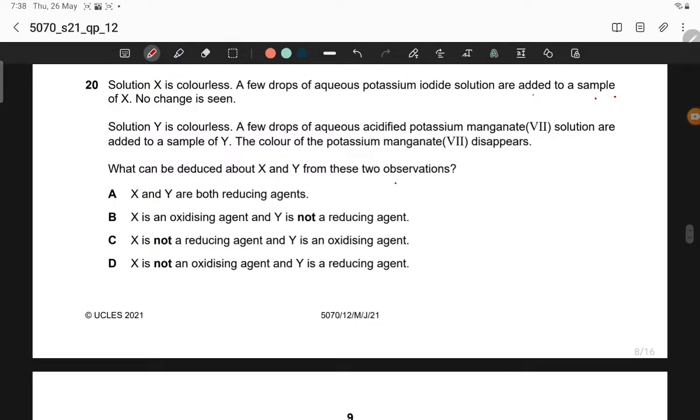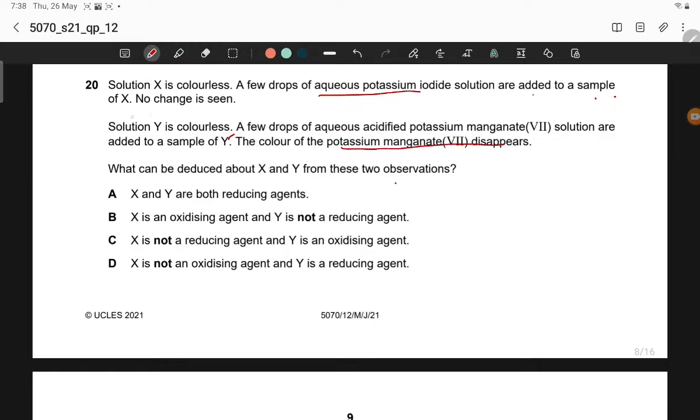Solution X is colorless. A few drops of aqueous potassium iodide are added to a sample of X. No change is seen. Solution Y is colorless. A few drops of acidified potassium manganate are added to a sample of Y. The color of the potassium manganate disappears.